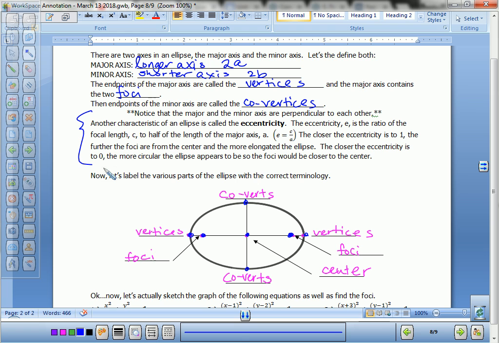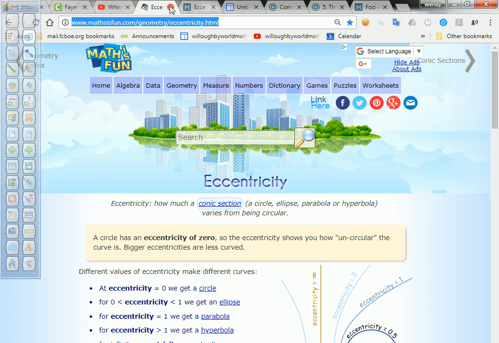Mathematically we determine the eccentricity by the ratio of the focal length, that's C, to half the major axis, A. And the closer the eccentricity is to 1, the further the foci are from the center, and the more elongated, squashed looking your ellipse is. The closer it is to 0, the more it looks like a circle. So let's go see that in action.